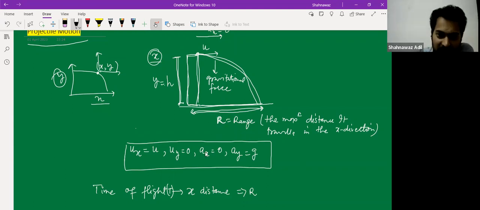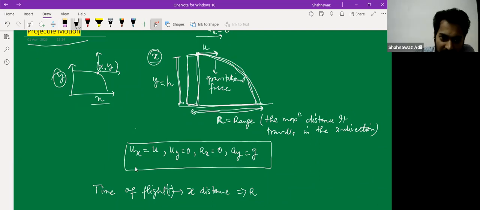Okay, nice. So I was talking about projectile motion, and in the projectile motion, let's say a body was on a roof, and a particle or a stone is thrown with some x direction velocity u, and it goes from here to here. And we are calculating all the physical quantities which are associated with this projectile motion, right?